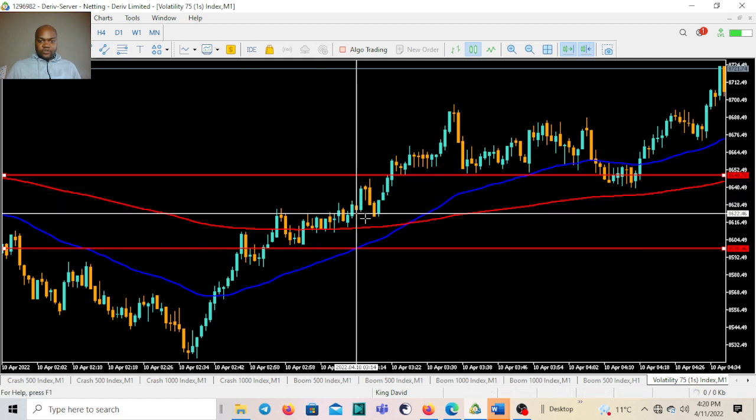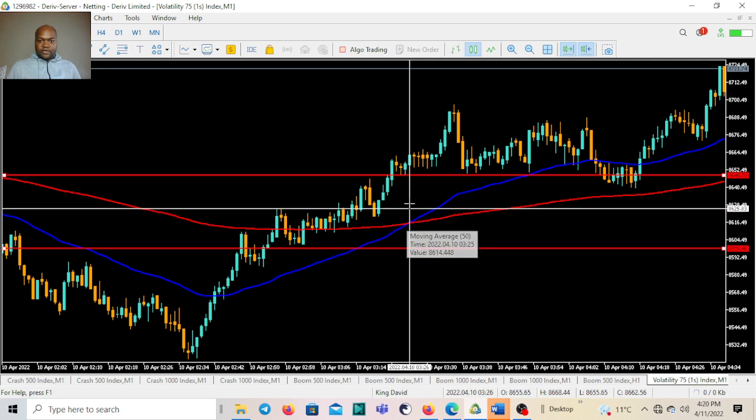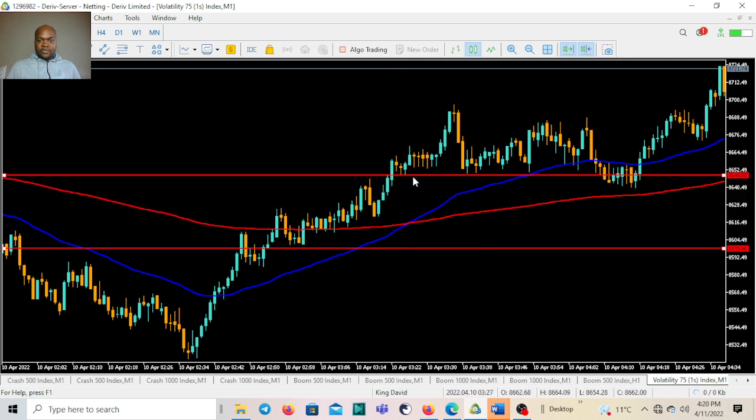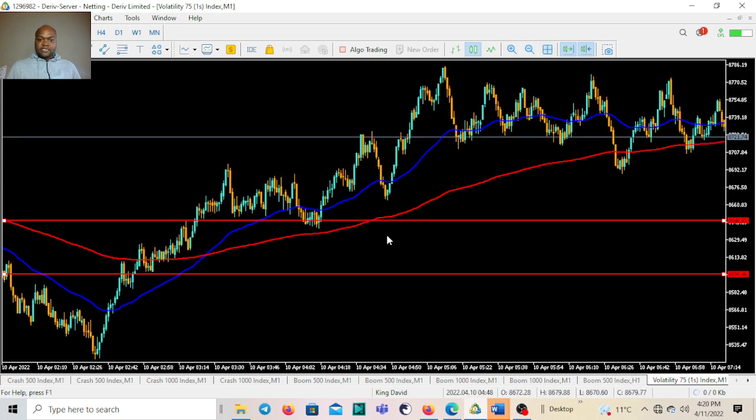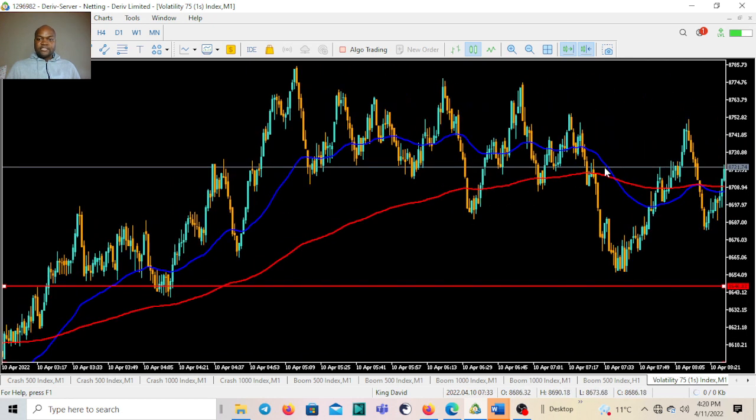Then you remain in the trend as long as the 50 exponential is above the 200. You only exit at this point, so you're going to enter here and exit at this point.